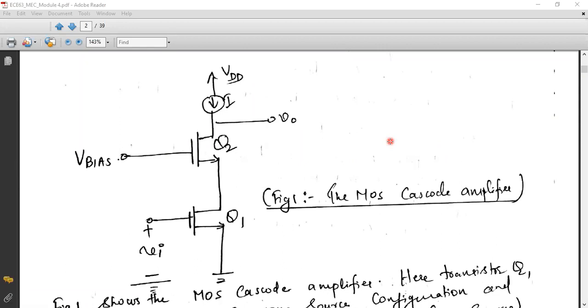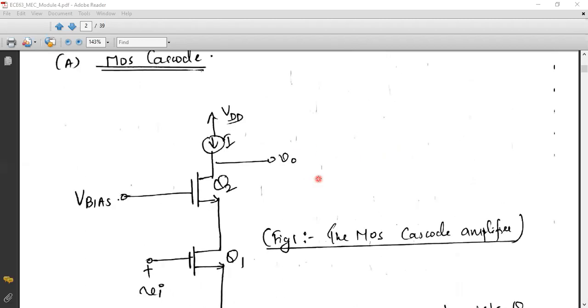I need to take the benefits of common source and common gate. Both configurations have their own applications and advantages. By cascading the two configurations together, I will be able to access all the benefits in a single circuit. That is the relevance of the cascode amplifier.